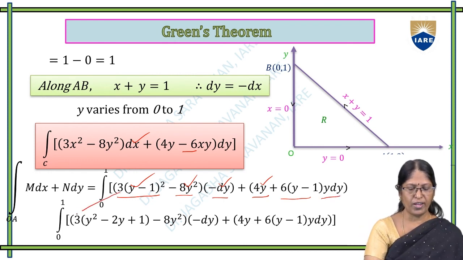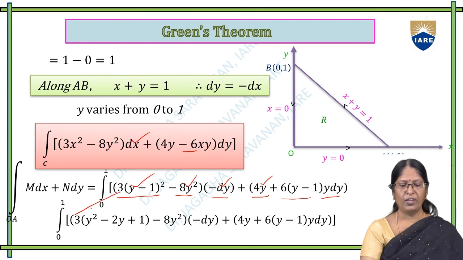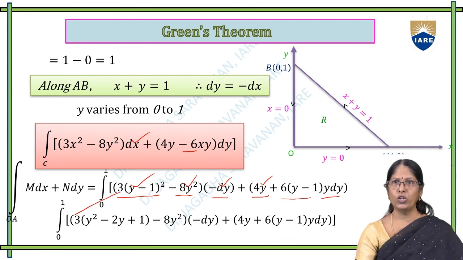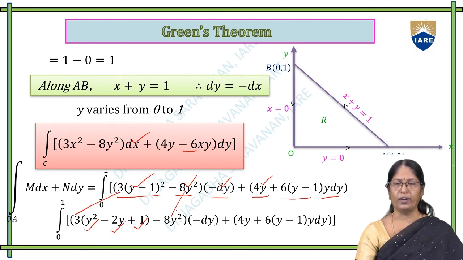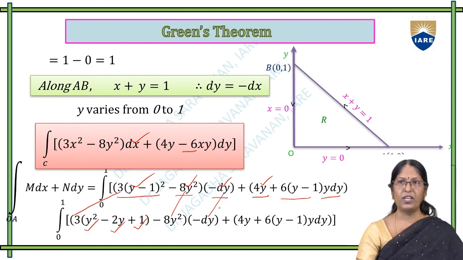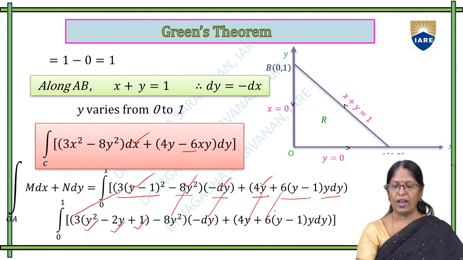So here 3 is written as it is. Here y minus 1 the whole square, that is y square minus 2y plus 1. Here it is written minus 8y square. This is minus dy. Here 4y. Here this 6 is written as it is, and this y minus 1 into y dy.